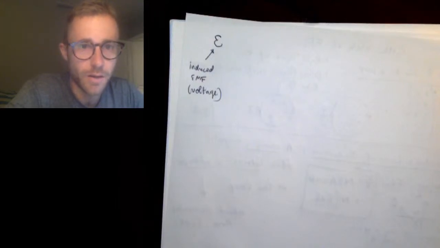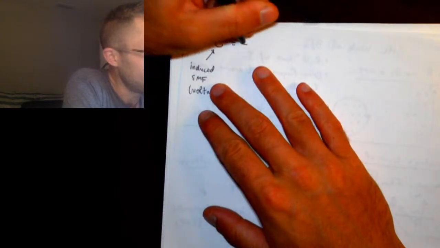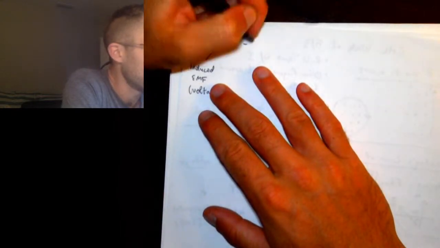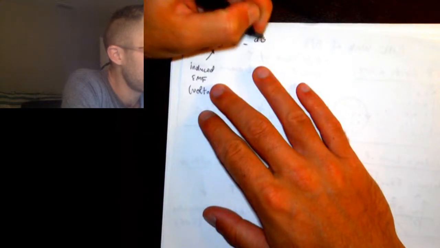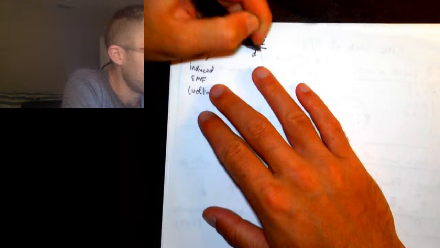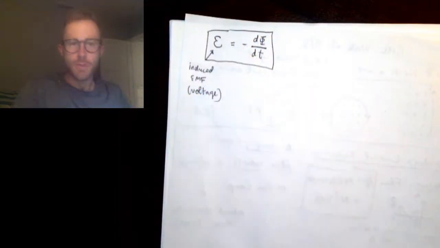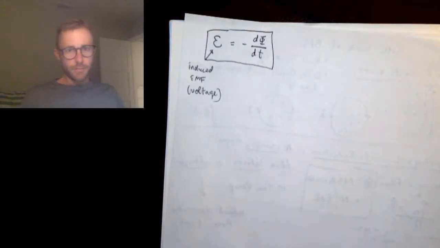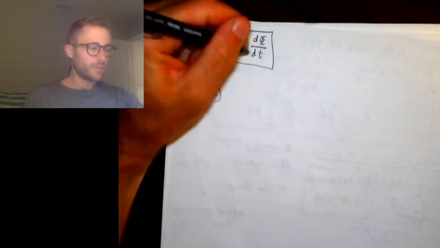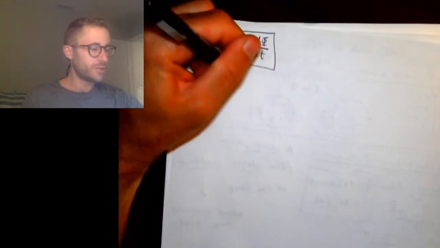And this is the size of that imaginary battery, if you will. And it's equal to minus the rate of change of the magnetic flux. So this minus is representative of the fact that it is in opposition to the change.